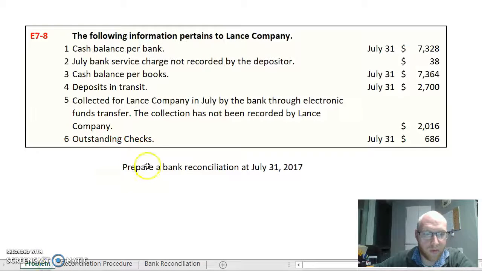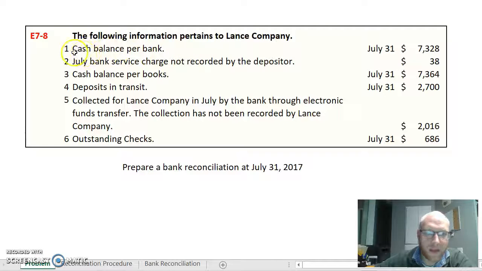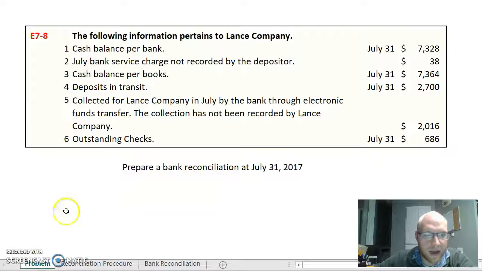So let's take a look at our problem. Let's go through this step by step and input it into our bank reconciliation form and see how it goes. So step one, cash balance per bank for $7,328. That's an easy one. It's just a blanket statement. Okay, step two, July bank service charge not recorded by the depositor.